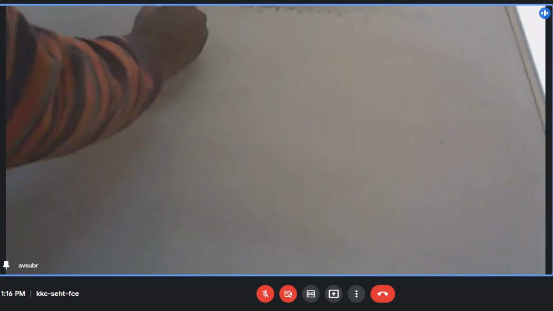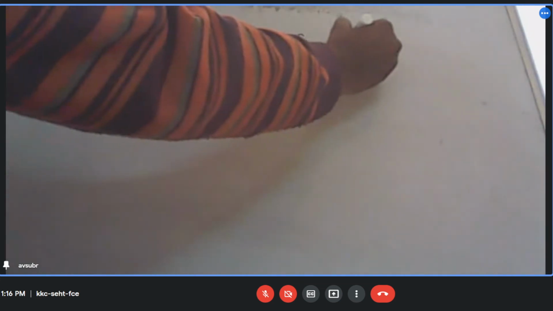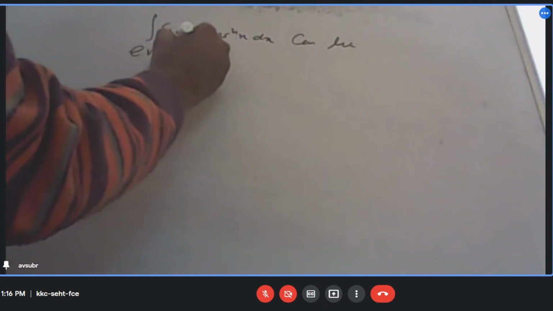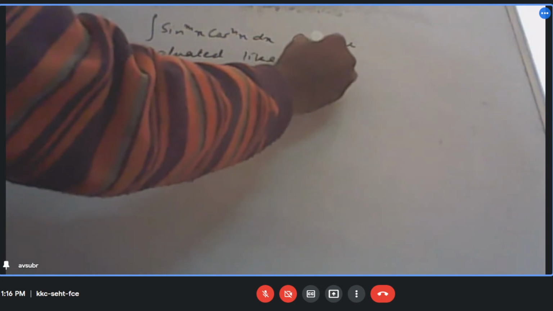Now, in addition to this, we can evaluate the integral of sin^m x cos^n x dx like this also.